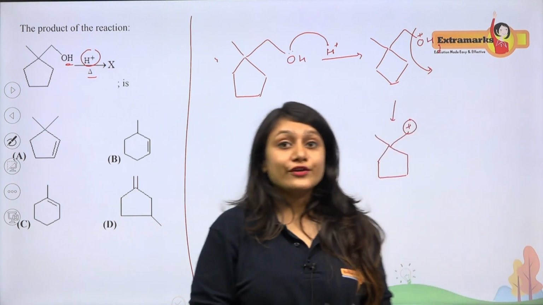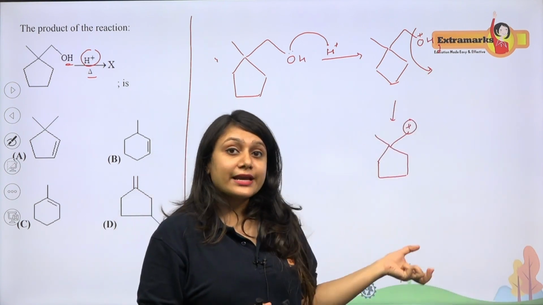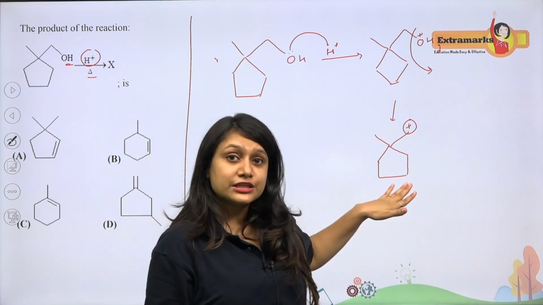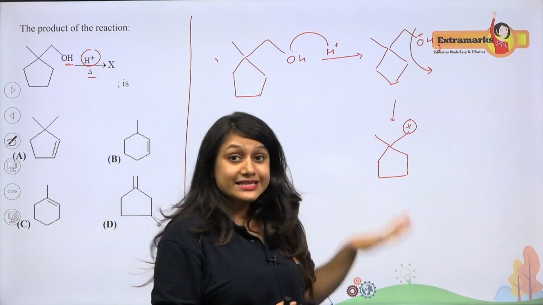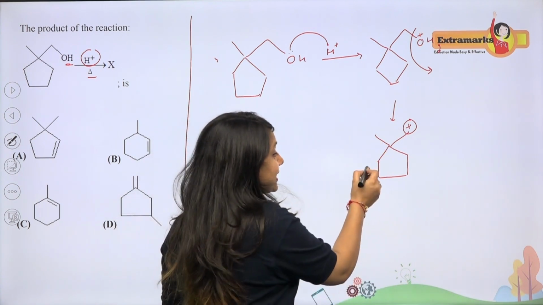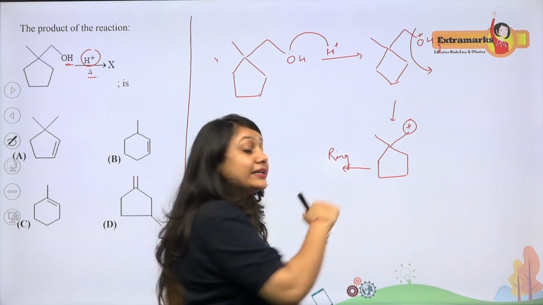And if you have learned GOC very well, if you have learned the carbocation rearrangement very well, this is a very unstable carbocation and carbocation can rearrange very easily. So in this case, ring expansion takes place, because the carbocation needs to get rearranged.